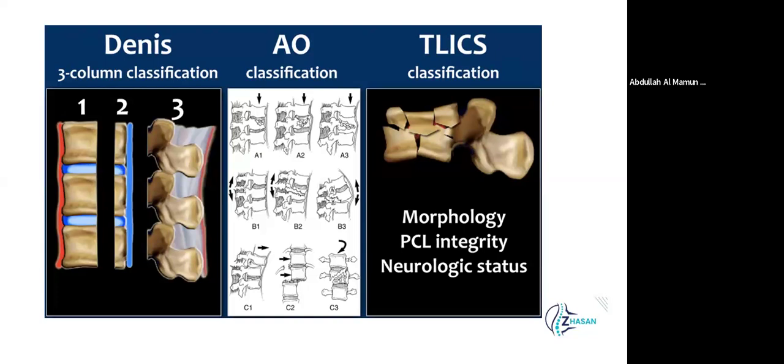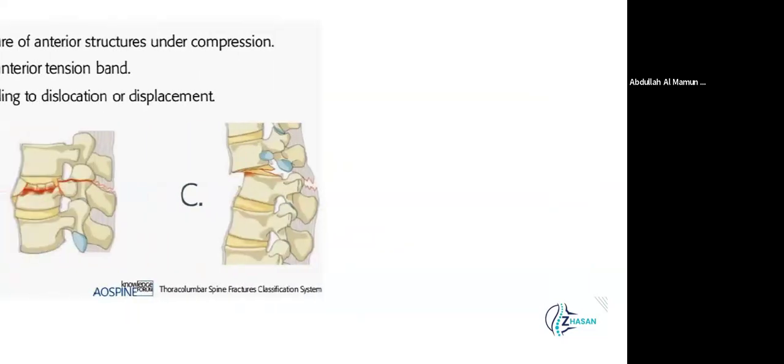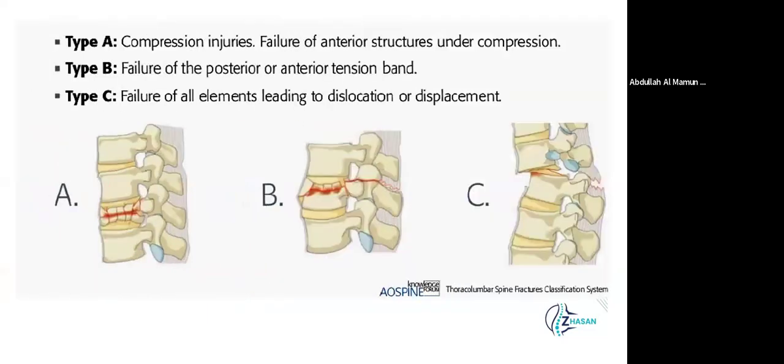So let's start with the AO classification system. There are basically three common types. Number one, the A type, the compression injuries, in which the anterior structures fail under compression, as you can see in figure A. This is A type.